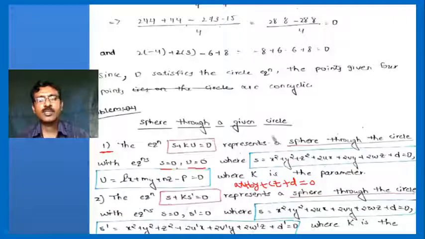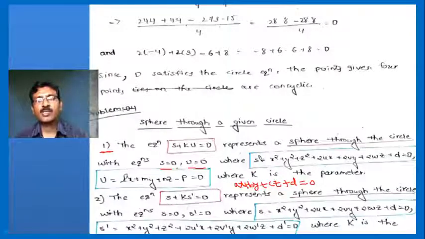In other words, here is a circle, S equal to 0, U equal to 0. We know that a circle in three-dimensional geometry is generated by a sphere and a plane. A plane cuts or intersects a sphere, and then a circle is generated.